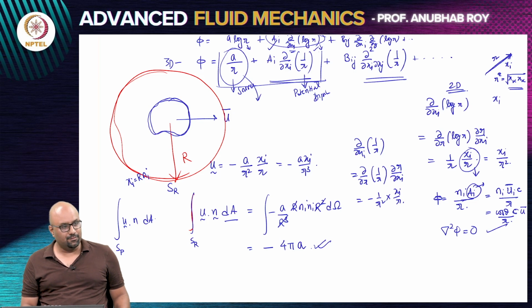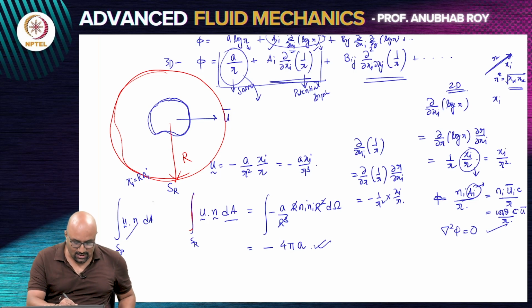How much mass is actually entering or exiting the body? 0. There is no mass that is entering or exiting the body. So, u dot n integrated over the body gives you the volume flow rate through the body surface, which is 0. There is no mass entering or leaving the body.